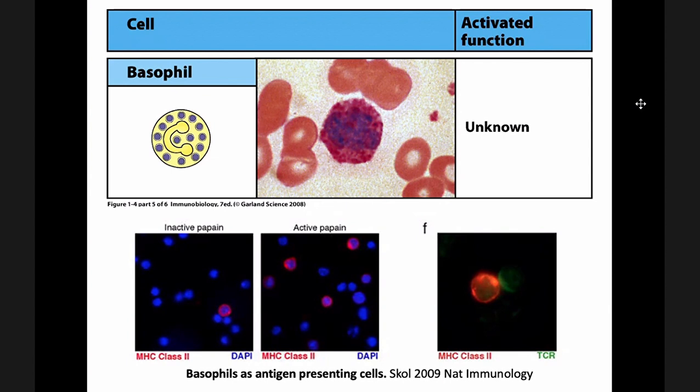But once you have this engagement, all these molecules tend to migrate towards one side. And this is what is shown here in the staining of this TCR. All these TCRs get recruited towards the synapse. So this shows that basophils can serve as antigen presenting cells.